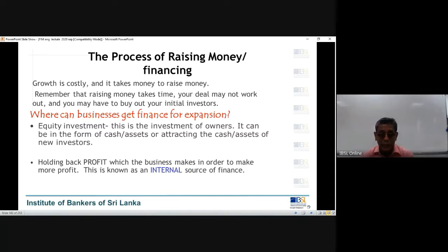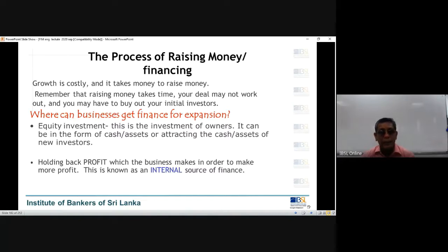Equity investment means you are issuing shares. It's very common if you want to improve your capital, if you want funds. So what happens then? The moment you issue shares, your ownership dilution takes place. Okay, that's the first one. You can put number one under equity investment.